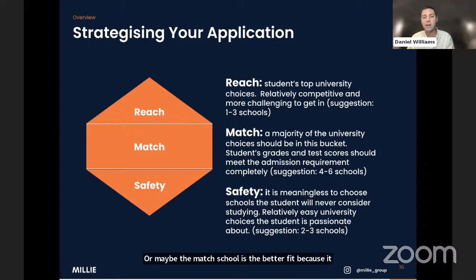And maybe the match school has better research facilities. Like the state schools, for example, they're very well funded. So they have top research facilities in the STEM areas, science, engineering, technology. They have tons of money being pumped into the school for those specific subjects. So maybe you decide for that, right? The idea is to apply broadly, get your results back, and then look at them and make your decision that way, right? So you don't just want to confine yourselves to reach schools. That's going to be a very risky strategy.